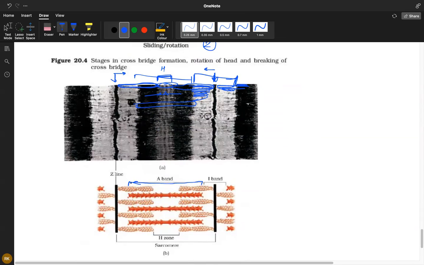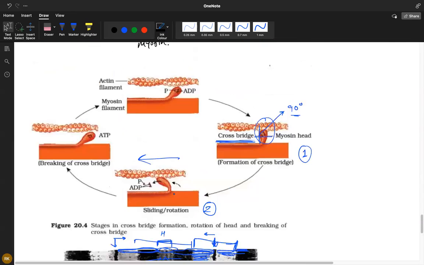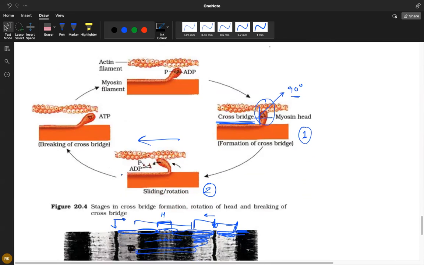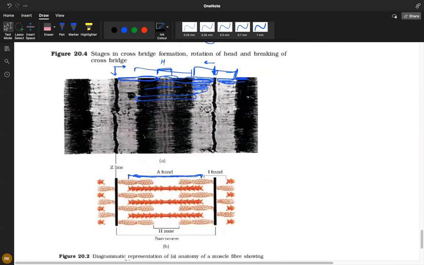So is myosin contracting or relaxing? Is there any pull on myosin itself? No, right? Myosin is the one which is making actin slide over itself. Do you realize this? So myosin is making actin slide over itself. So during contraction, what will happen to the A band?